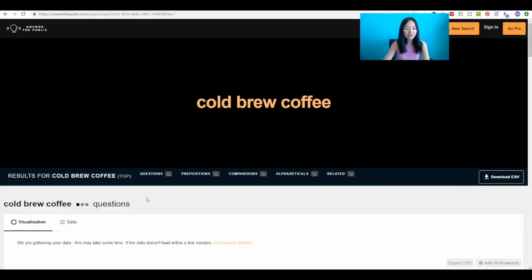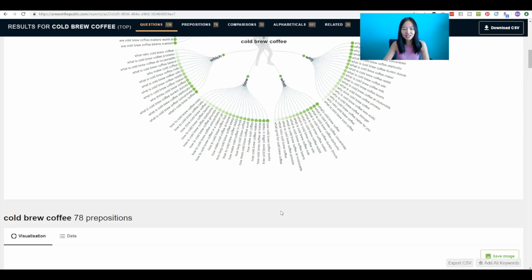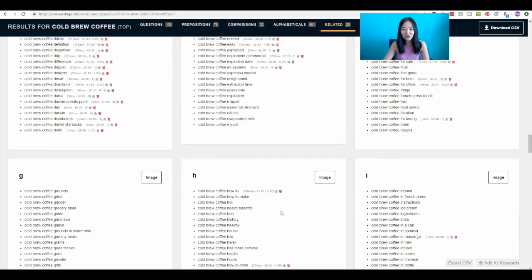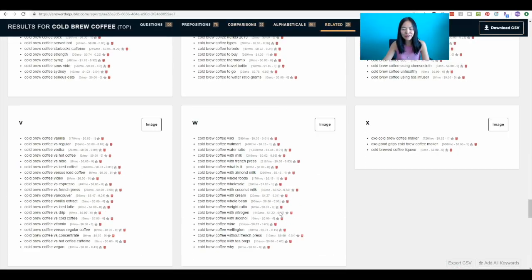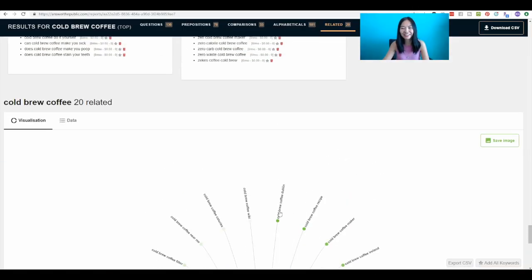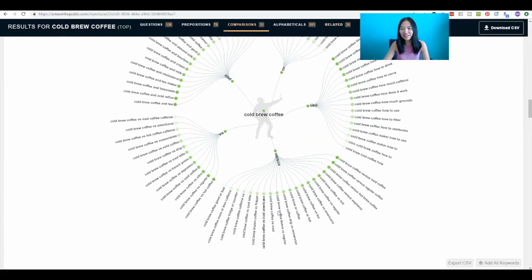See, it's running its thing, and then when the data comes, look at this. Look at all this information it comes up about cold brew coffee. Okay, guys. Let's see what data they're giving you.